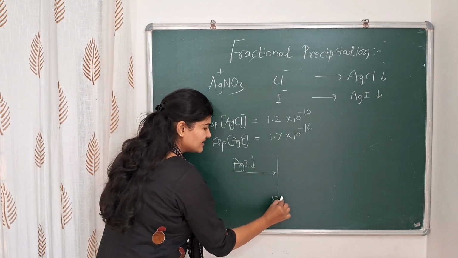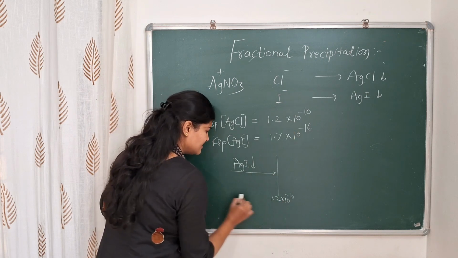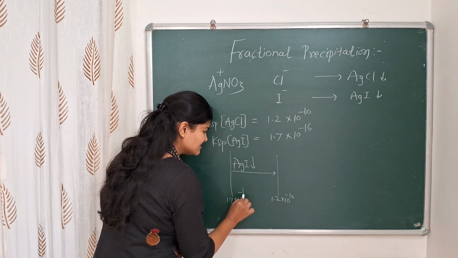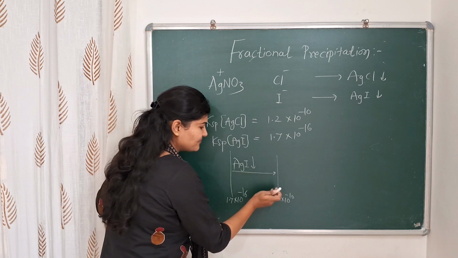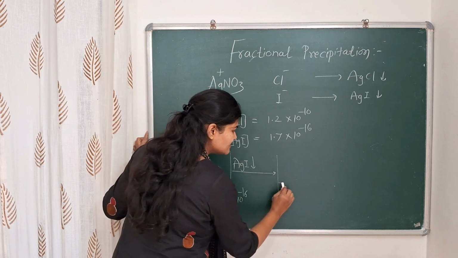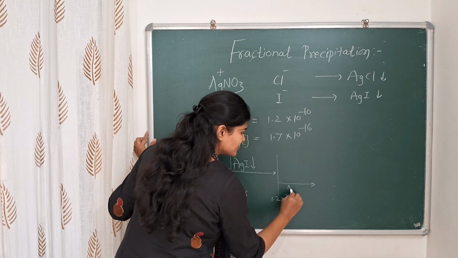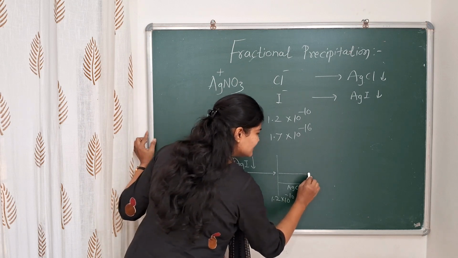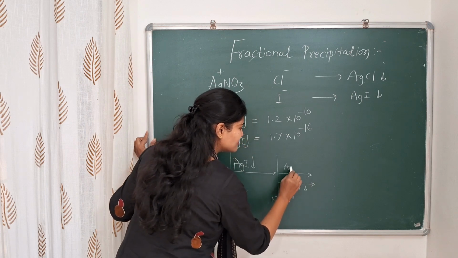Here I'll write 1.2 into 10 raised to minus 10. Here I will write 1.7 into 10 raised to minus 16. And then as this value gets exceeded, now AgCl also starts to precipitate. But simultaneously AgI is also getting precipitated.